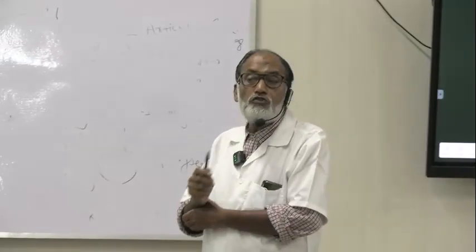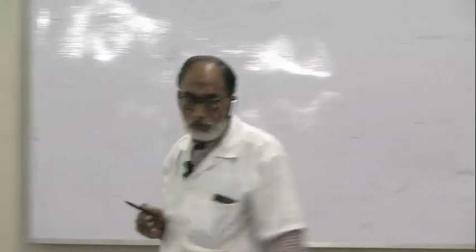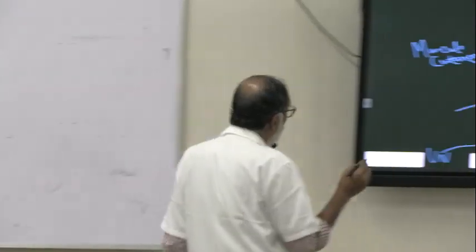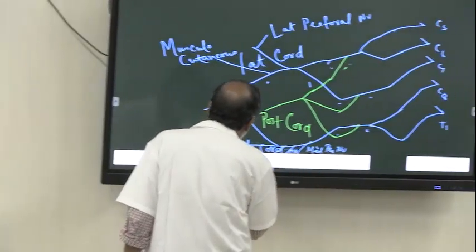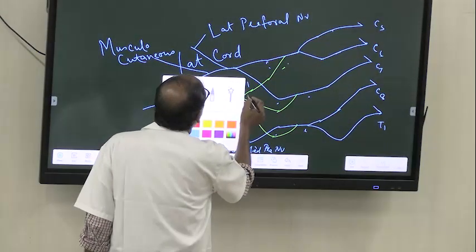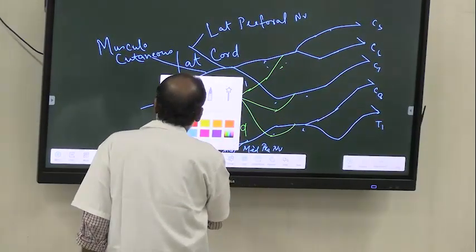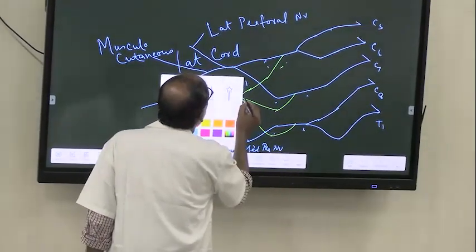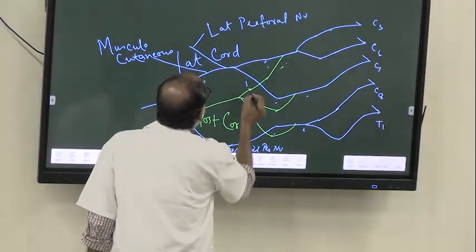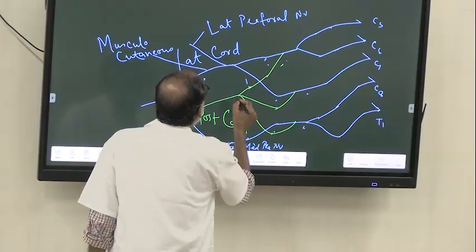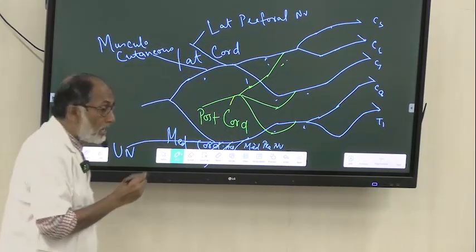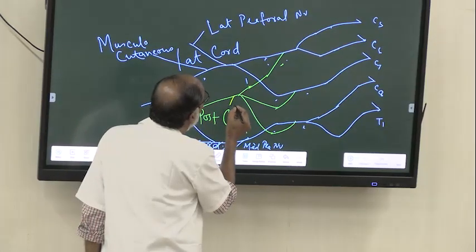Now, branches of the posterior cord. The posterior cord gives off the following branches. First one is upper subscapular.